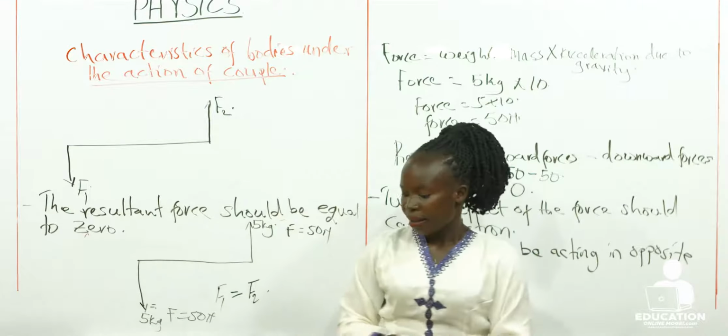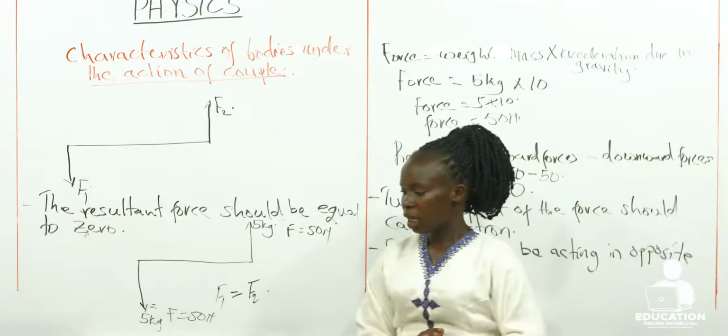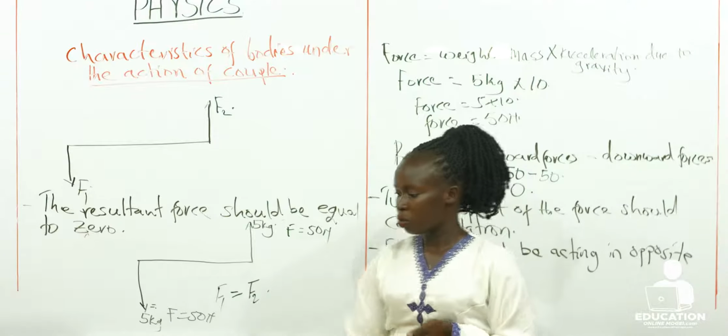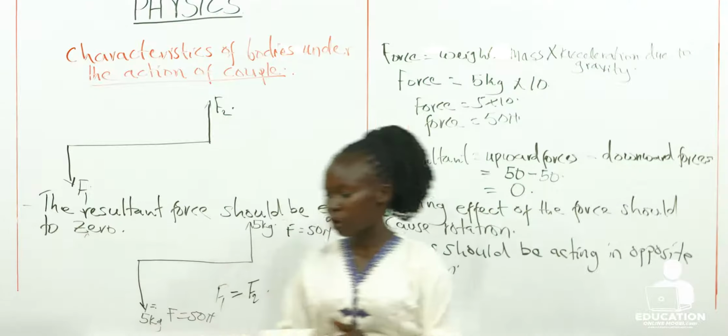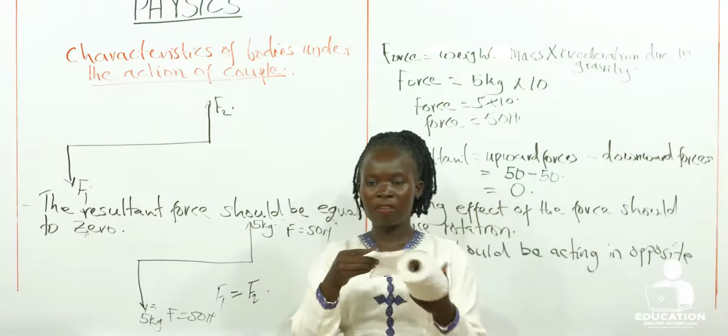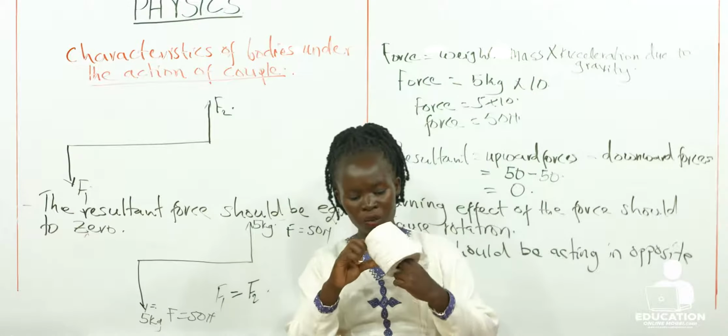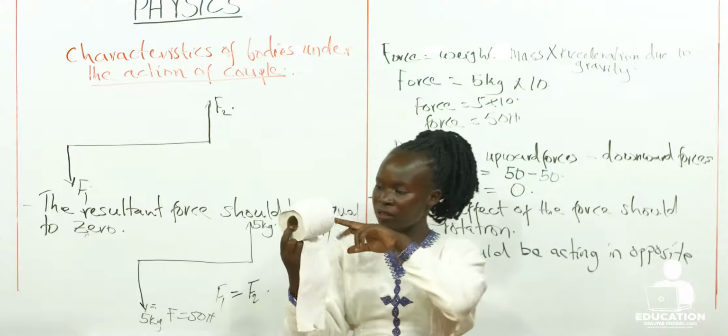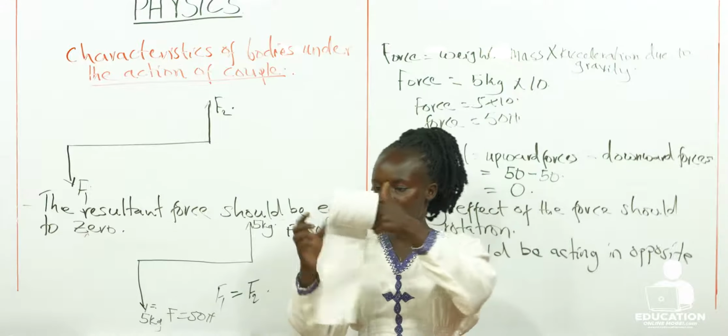That means that if you want the bodies to balance or to come to a stop, as I'm rotating this at a very high speed, there is a lot of friction in this, which doesn't allow it to move faster.